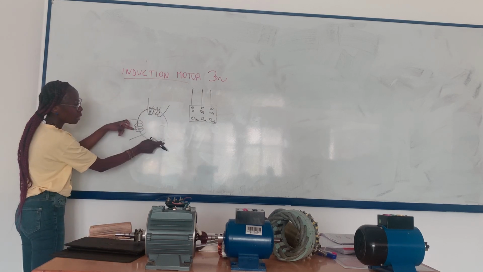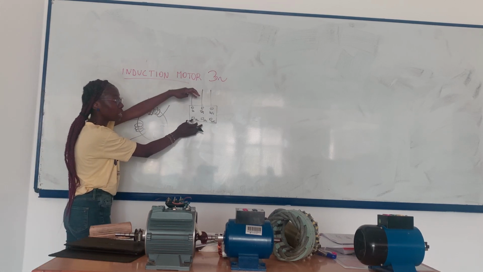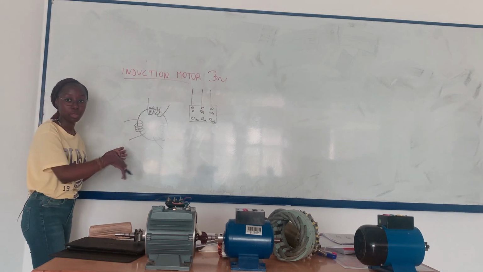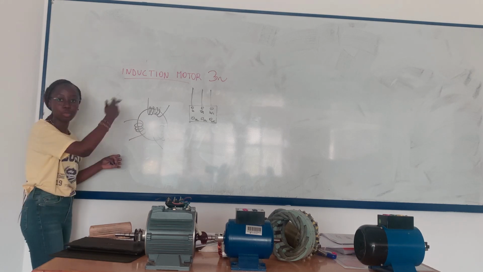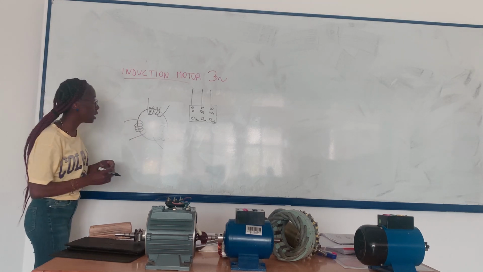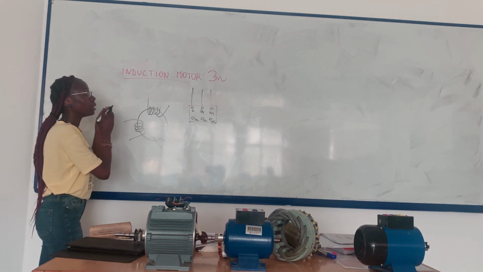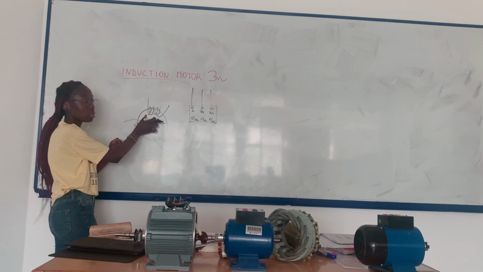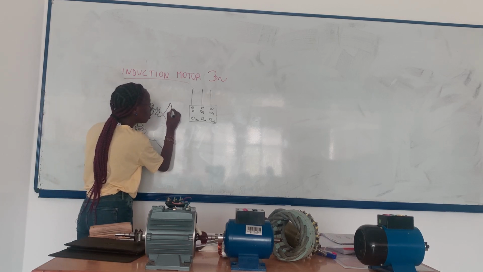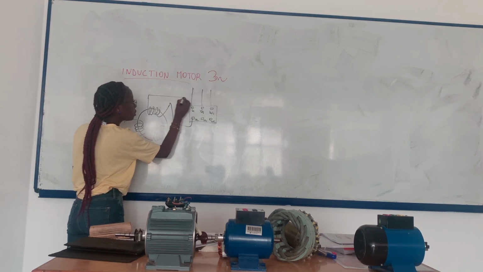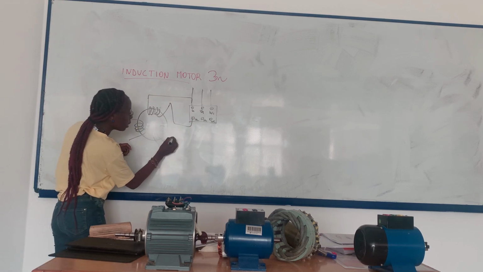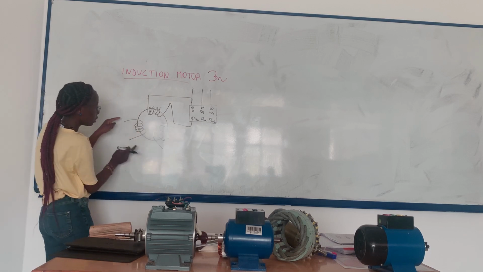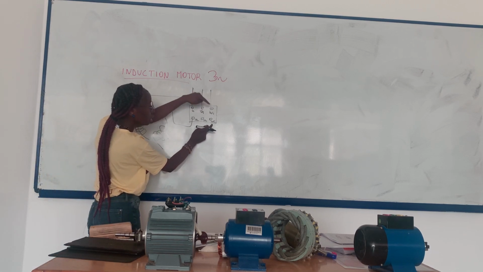So those 3 bobines must be connected to the source in a way to have an EMF, to have a magnetic field inside to be able to turn our machine. So when we connect this first bobine to U2, another one to U1, the second bobine we connect to V1 and V2, the third one to W1 and W2.